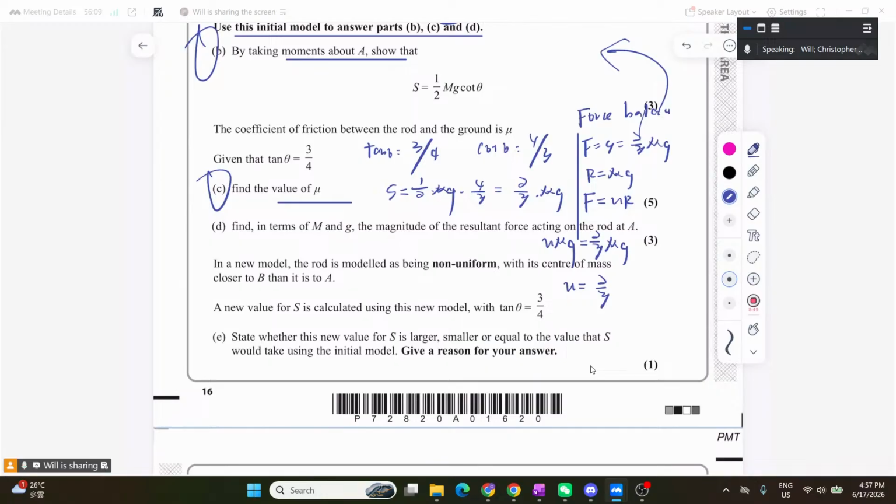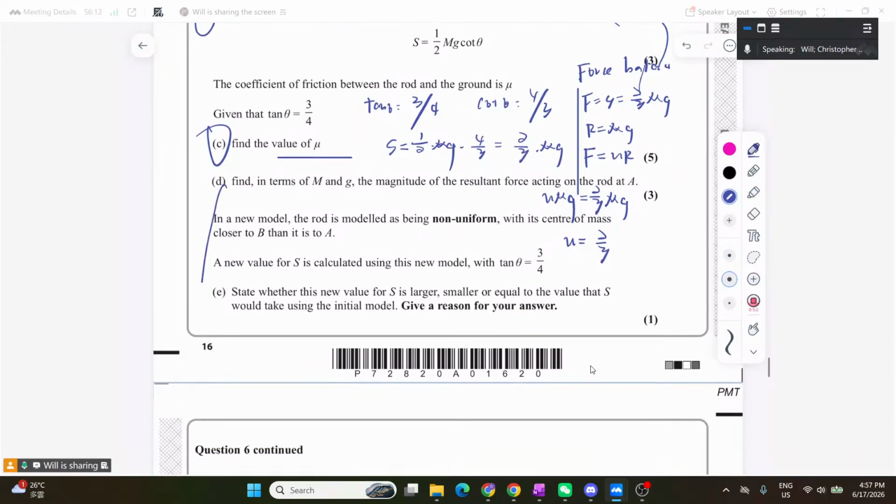For the question D, find in terms of mg the magnitude of the resulting force acting on the rod at A. In the new model, the rod is modeled as being non-uniform, with the center of mass closer to B than it is to A. For forces at A, using the vertical, R equals mg.